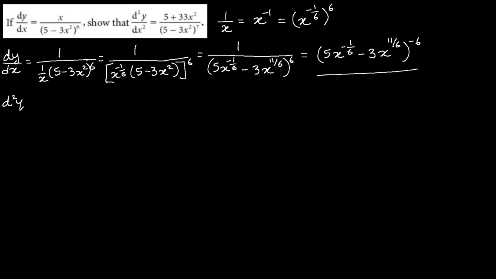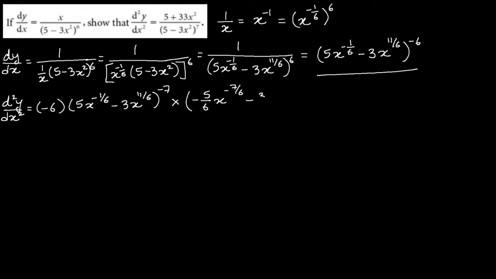So d2y by dx squared is equal to minus 6 times the bracket, take away 1 from the power, but remember we must multiply by the derivative of the inner function, and this will give us minus 5 over 6 x to the negative 7 over 6 minus 33 over 6 x to the 5 over 6.